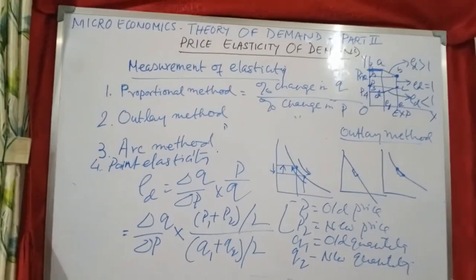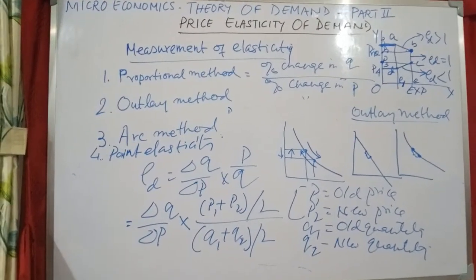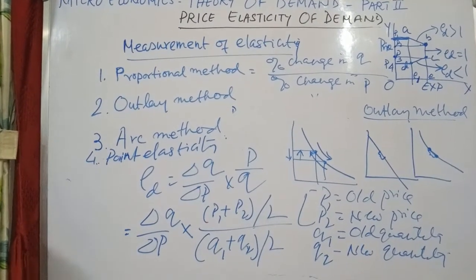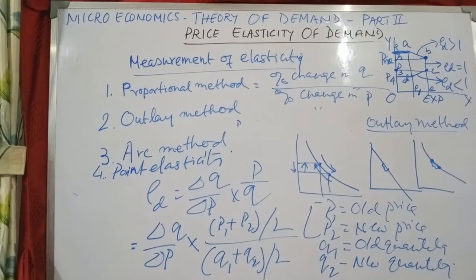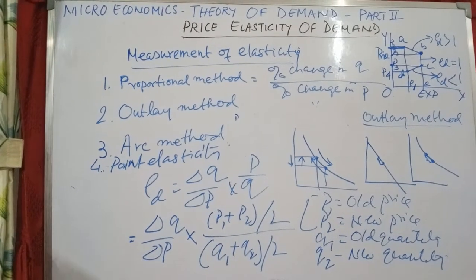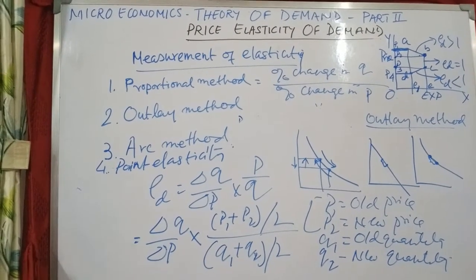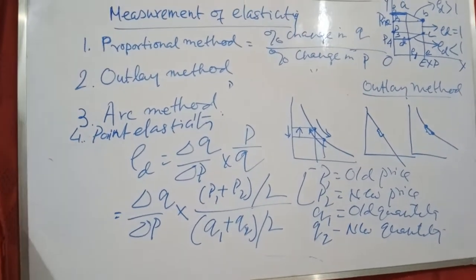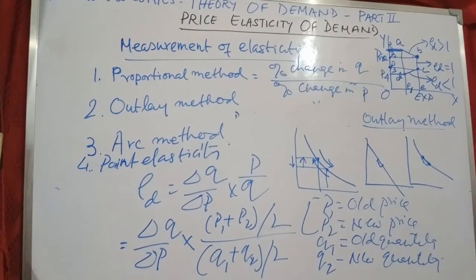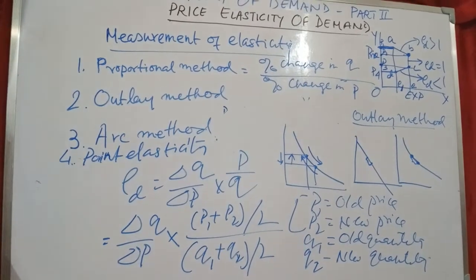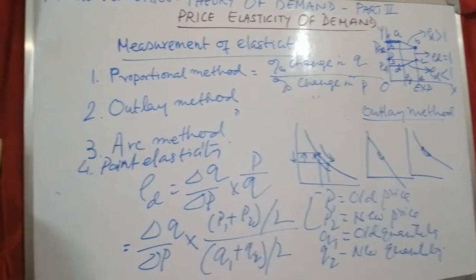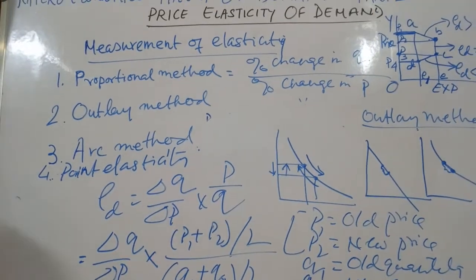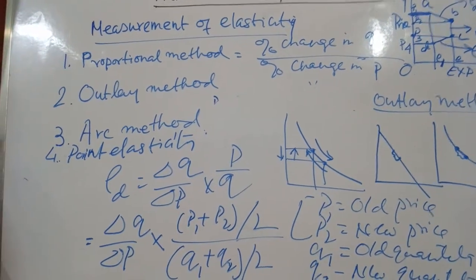In this video, I have focused on price elasticity of demand, and in another video I will discuss cross elasticity, income elasticity, and elasticity of substitution. Now price elasticity is what? That is percentage change in Q divided by percentage change in P. That is the basic formula of price elasticity.